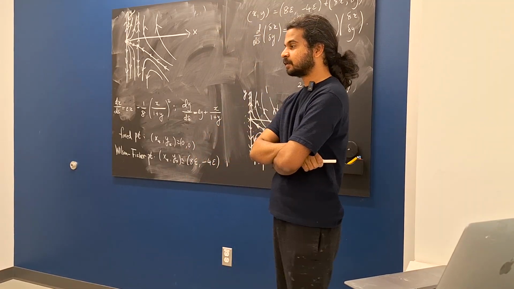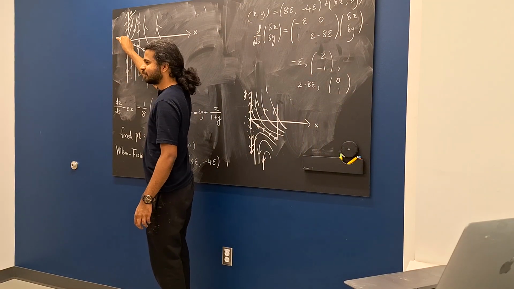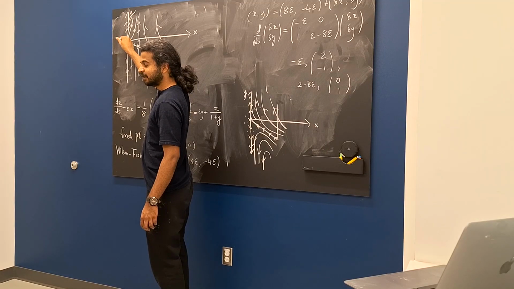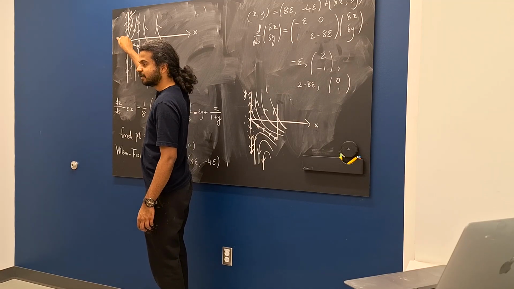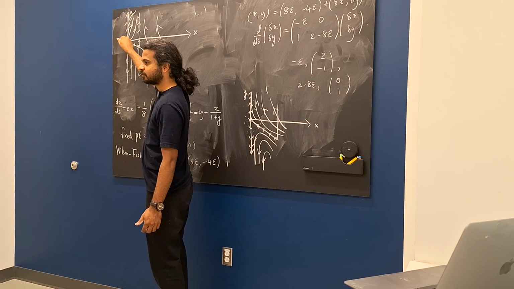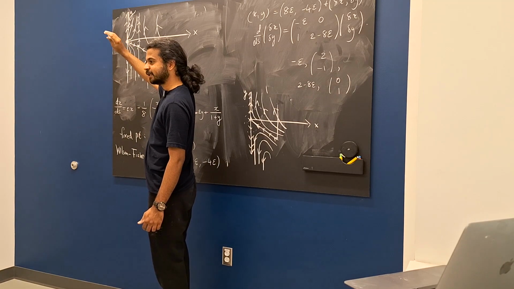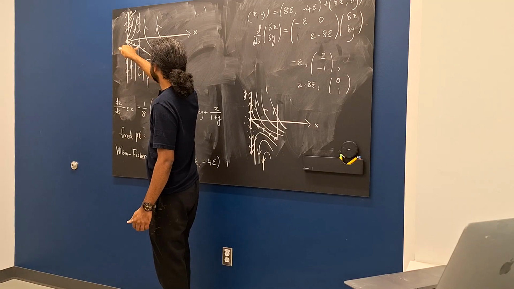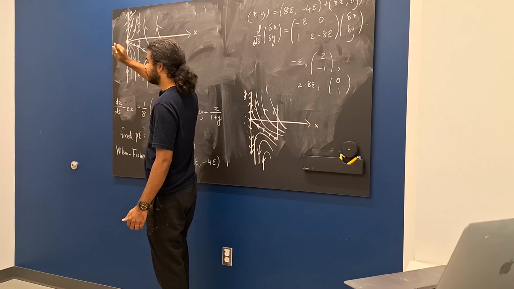Remember, we were analyzing around this fixed point, where we have too many relevant directions that we cannot tune. So this is another exercise that we should do, maybe next week: that at the Wilson-Fisher point, you only have one relevant direction.